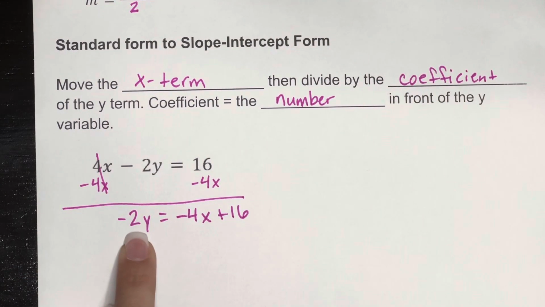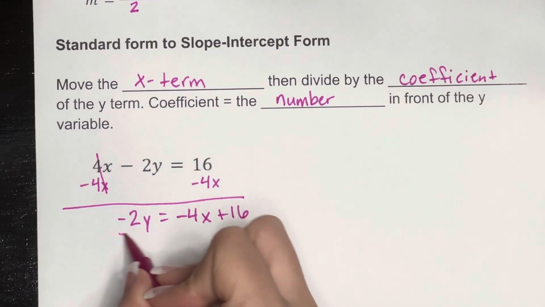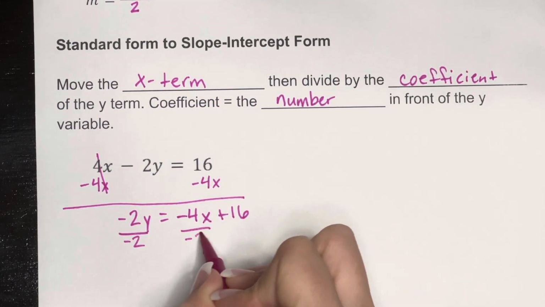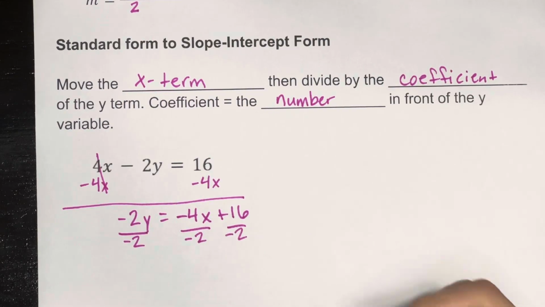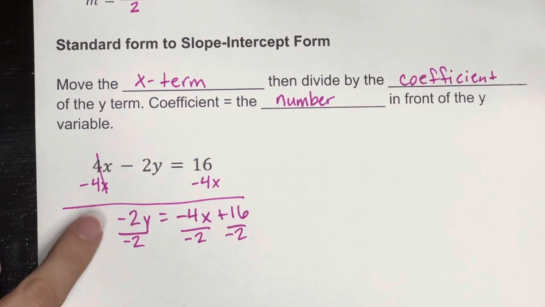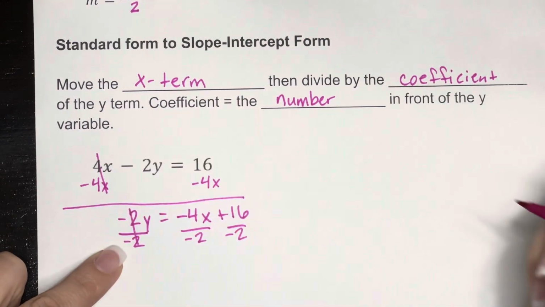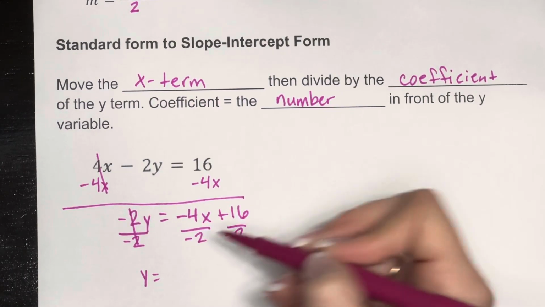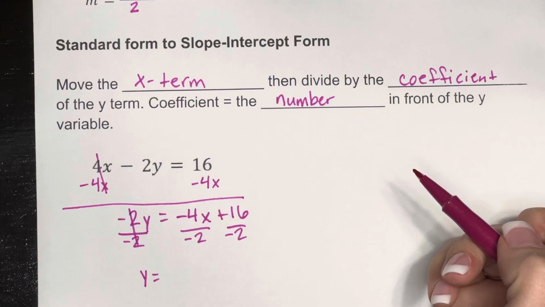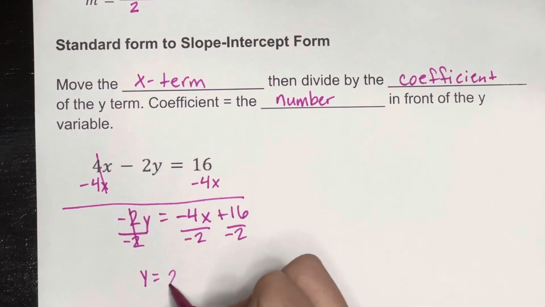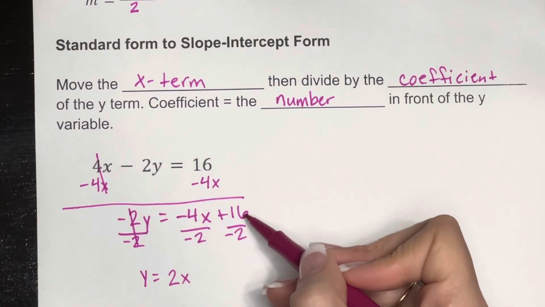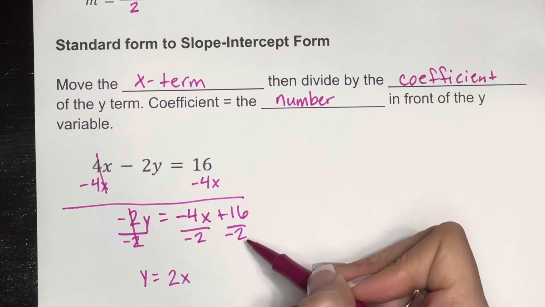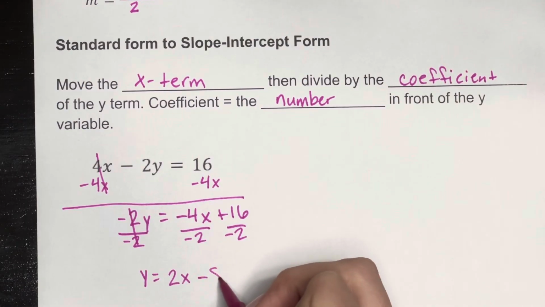So my coefficient with y is going to be -2. I'm going to divide by -2 each term, right? Every term needs to be divided. -2 divided by -2 is 1, so I'm left with just y equals -4 divided by -2. It's going to be a +2, so 2x. Positive 16 divided by a -2 is going to be a -8.